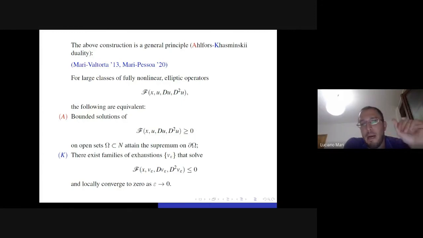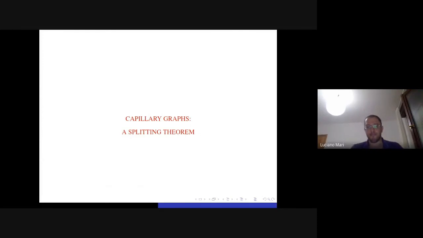You don't construct it by series because the operator is nonlinear, but you construct it by stacking solutions of obstacle problems. But the principle is the same. And the example of minimal graphs shows that the implication from Ahlfors to Khas'minskii can be really useful, because the Ahlfors property can be proved by integral estimates, and then you can achieve the exhaustion that allows you to localize the problem to apply other elliptic estimates.